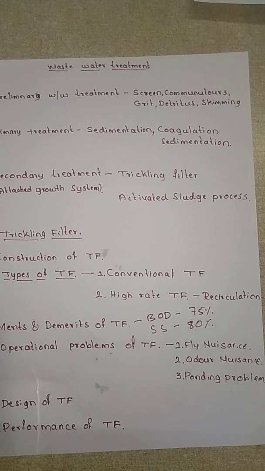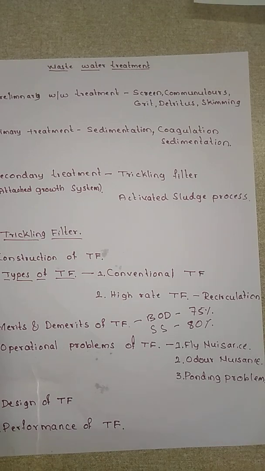Okay, now we will discuss fly nuisance. As it has microbes and suspended solids, there will be the problem of flies. The fly, or Psychoda, which develops in filter particles, may prove to be a nuisance.